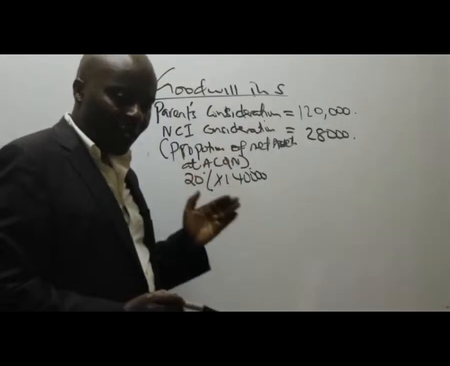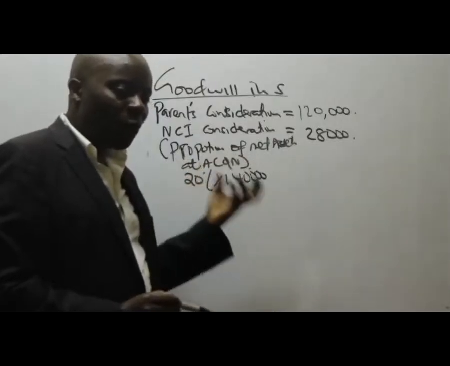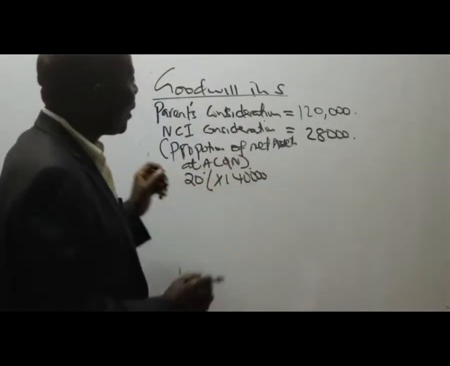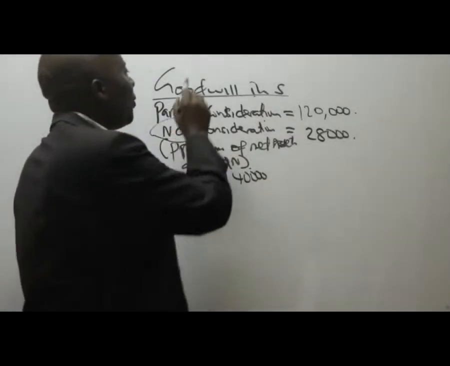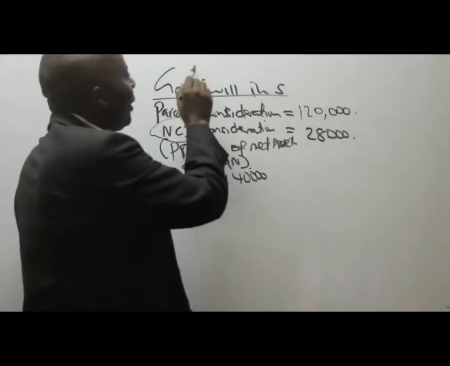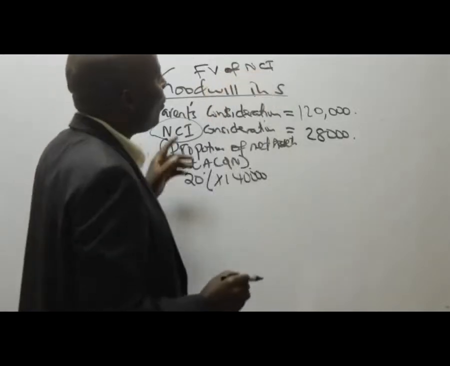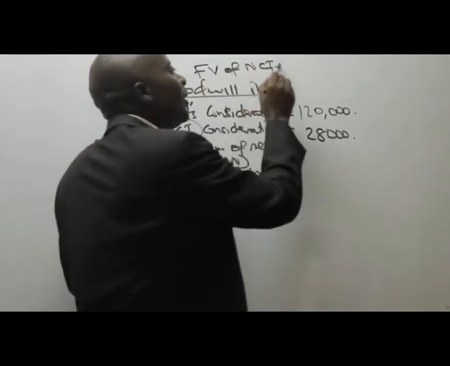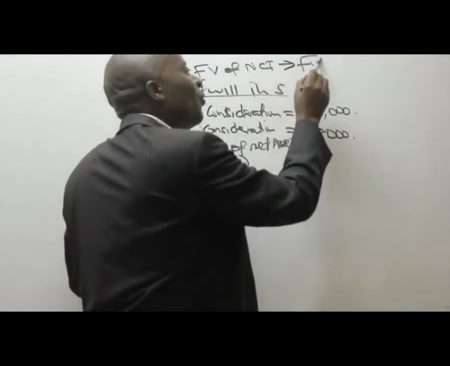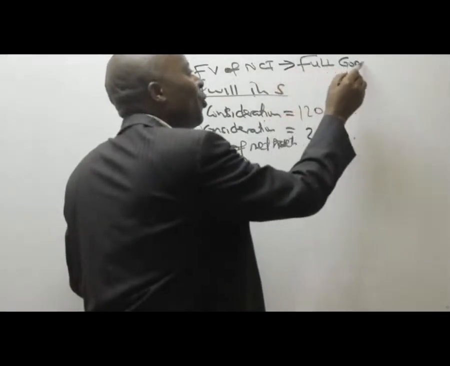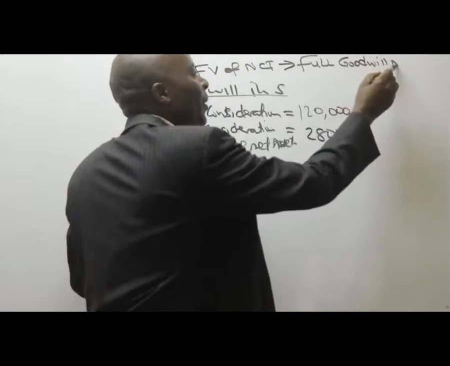Proportionate share. Is that what we call full goodwill? Listen, whenever the fair value of NCI is given, then this is called the full goodwill method.